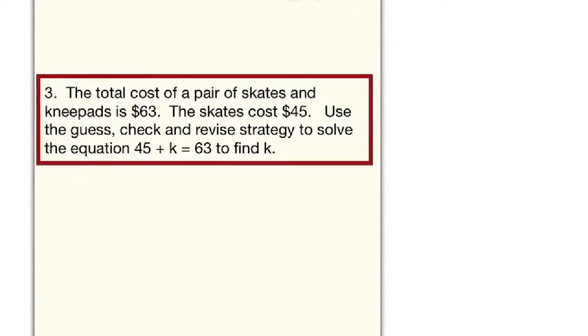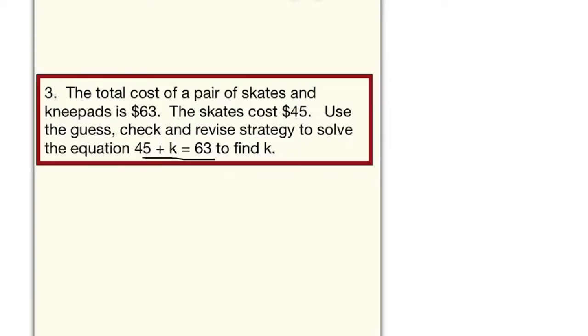We have to sort of guess and check. Okay, so what is it that we need to find? We need to find the cost of the knee pads, which is k. The equation that we're going to use is 45 plus k equals 63. When you add a number to 45, we need it to equal 63. So let's just try some numbers here.